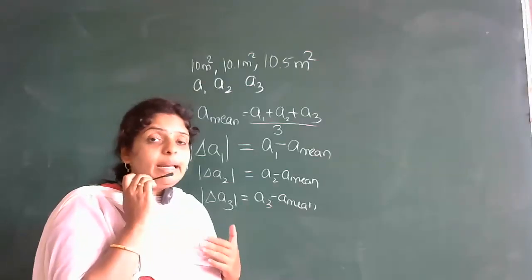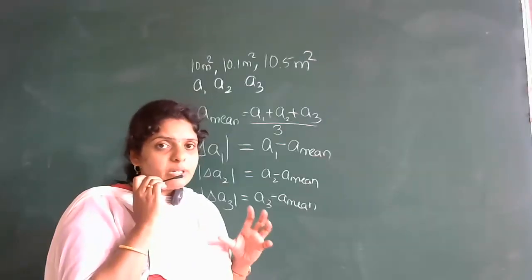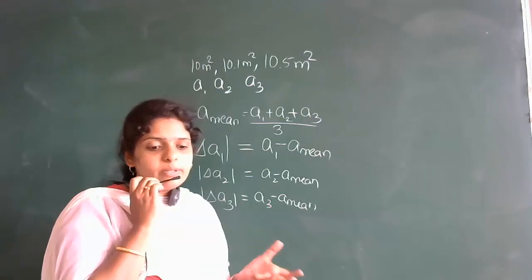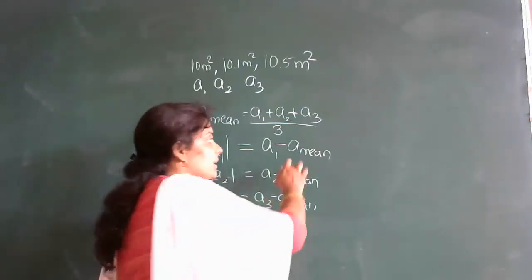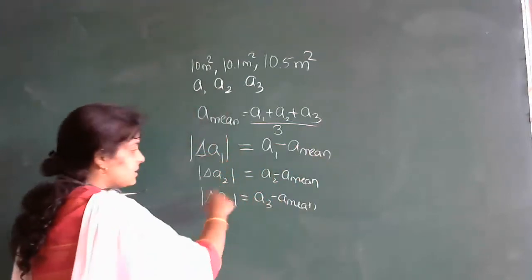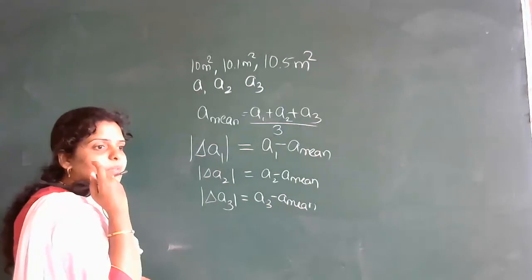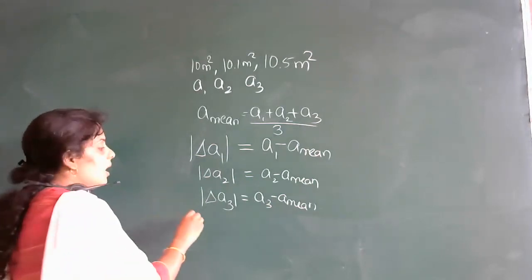Next, relative error. This relative error is the ratio of two values. Ratio of which values here? Now here I'll take the mean. You will get some answers for mod of a1, mod of a2, mod of a3. Whatever answers you get here, I'll take the mean. How do you take the mean?